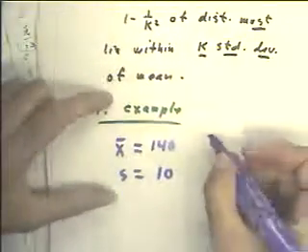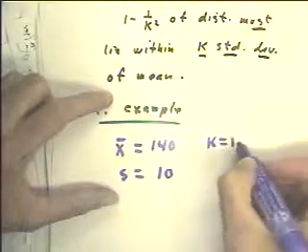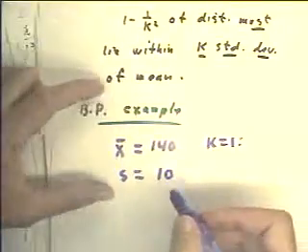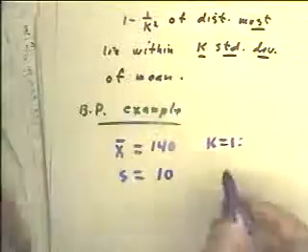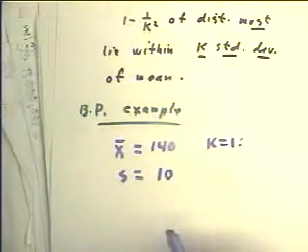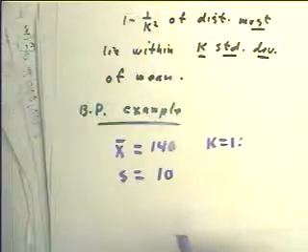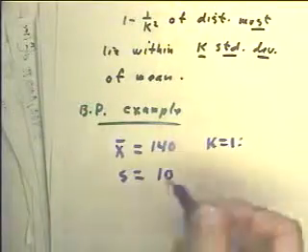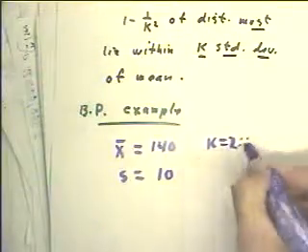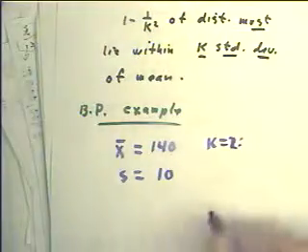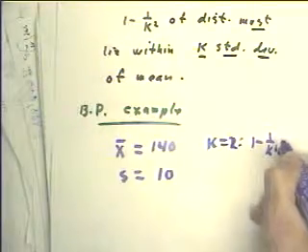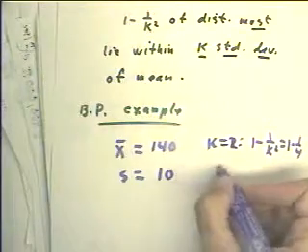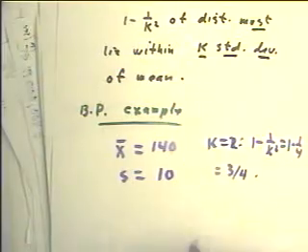Now, what would this mean? Let's say that k equals 1. Actually, k equals 1 is not a very interesting case, because 1 minus 1 over k squared would be 0, and 0% of the distribution certainly does lie within any distance. So let's say k equals 2. First of all, 1 minus 1 over k squared is 1 minus 1/4, which is 3/4.